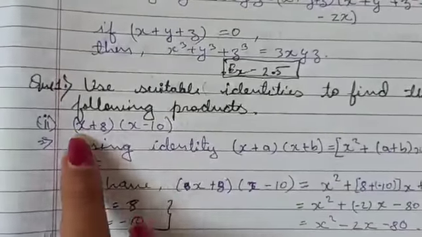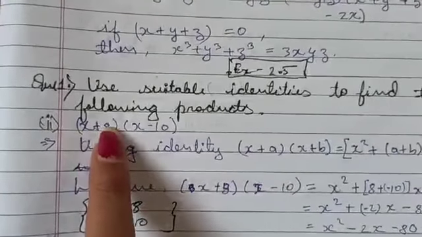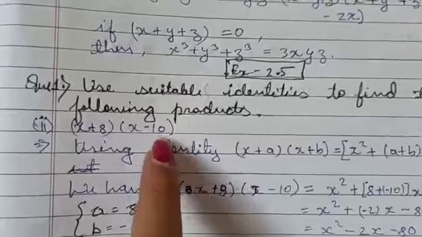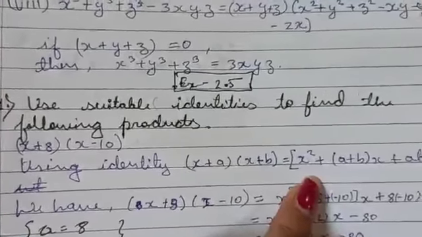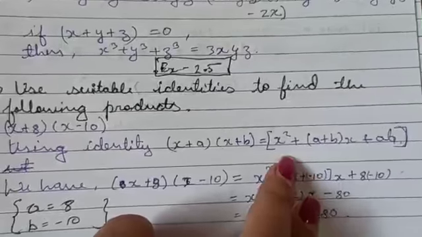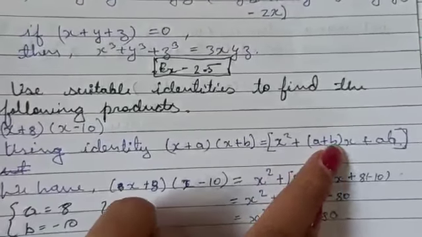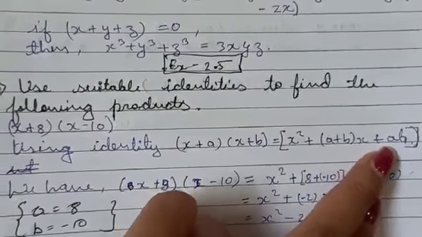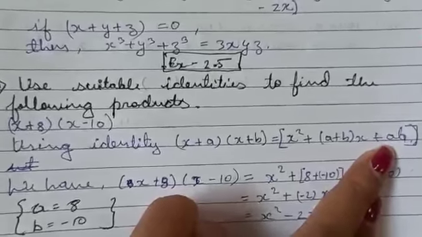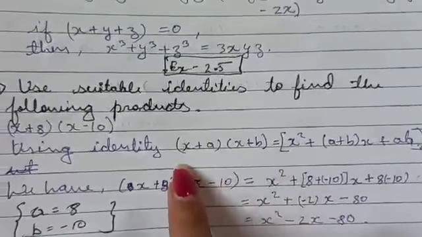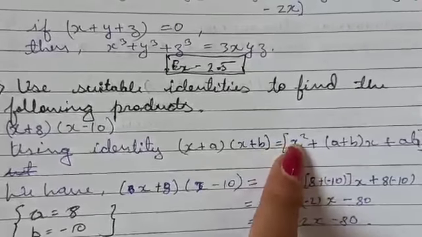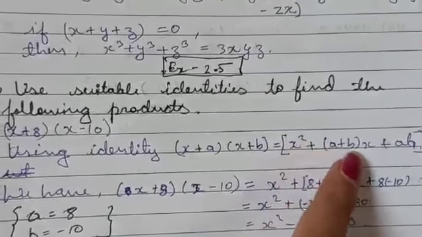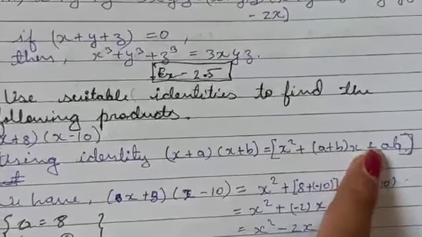So see, this is in the form of x plus a multiplied by x plus b. So using the identity, x plus a multiplied by x plus b is equal to x square plus a plus b into x plus a into b.